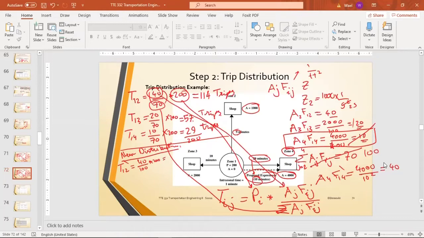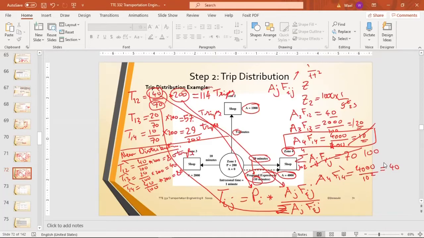So this will be 80. T13 equals 20 divided by 100 multiplied by 100. This will be 40. And T14 equals 40 over 100 multiplied by 100, equal to 80. That's the new trips between these origins and destinations. And these are trips.